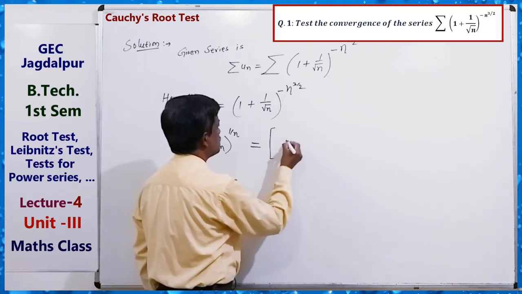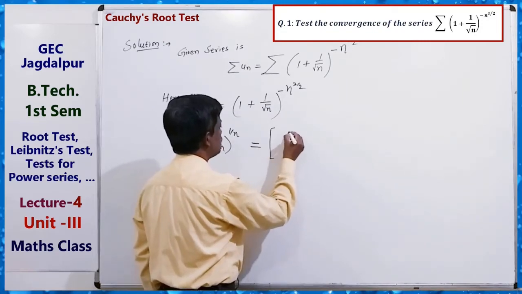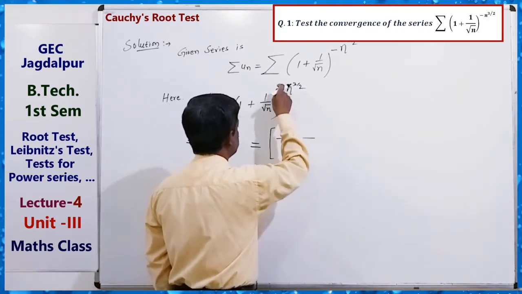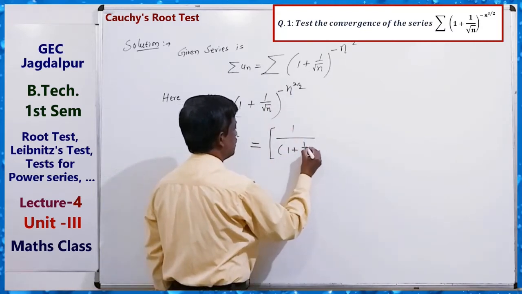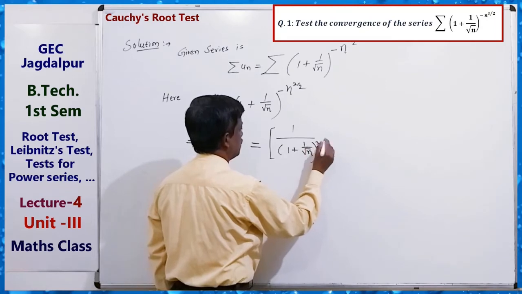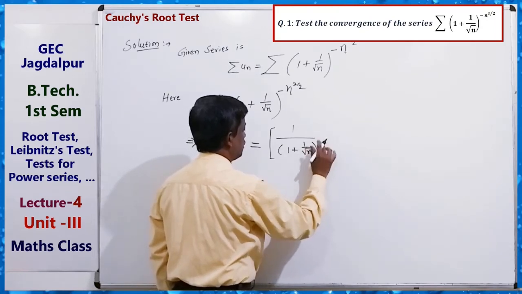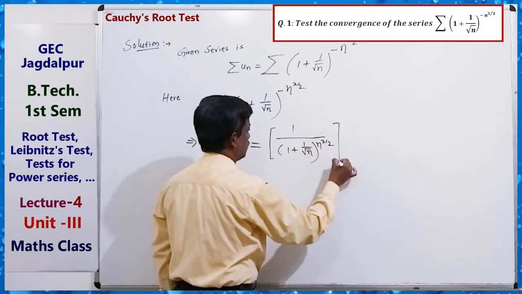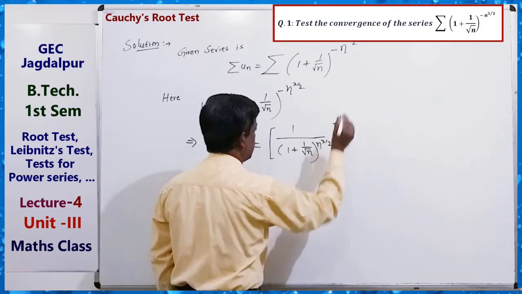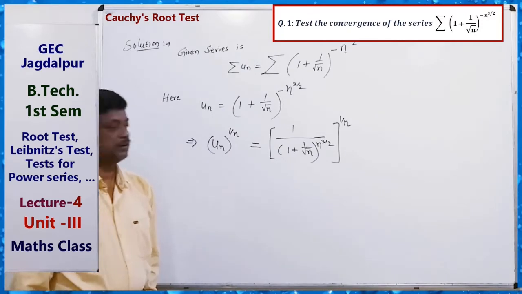Here we can see the minus power, so we can write 1 plus 1 by root n, to the power n to the power 3 by 2, all to the power 1 by n. Clear?